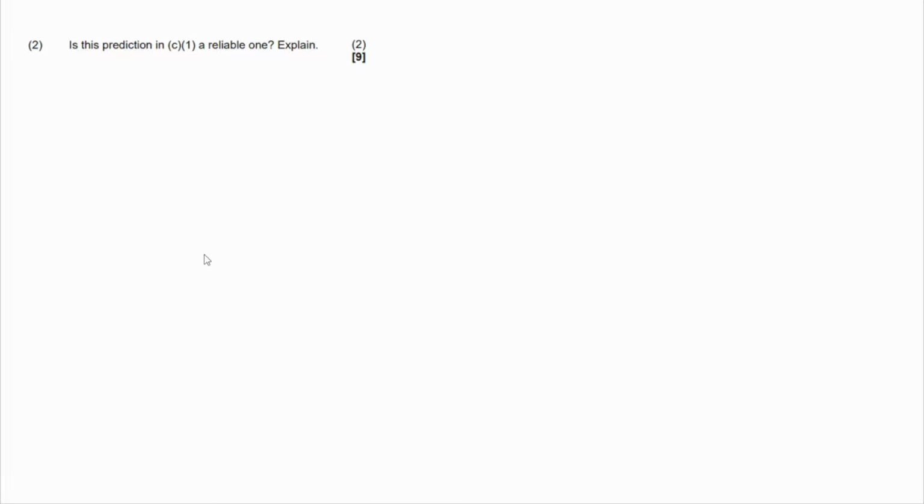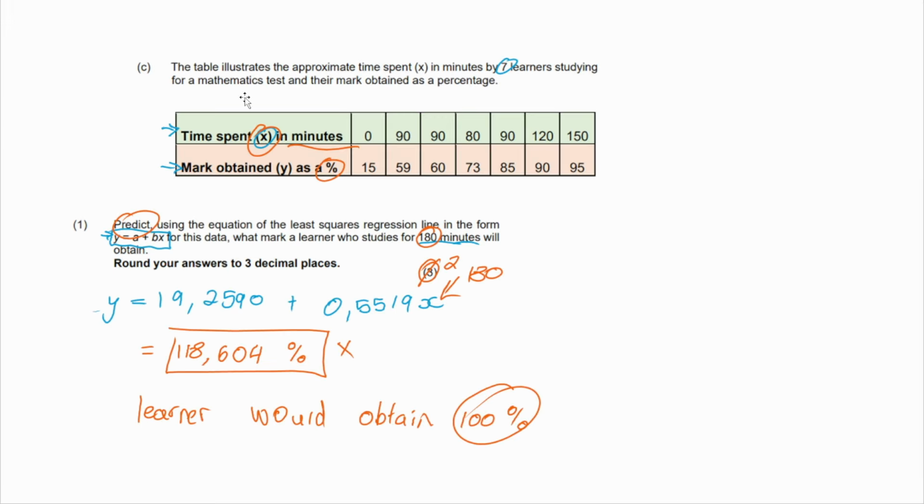Now for question 2, they say, is your prediction a reliable one? We need to say no for 2 reasons. The first reason is, if we have a look, our time spent goes from 0 to 150, so this 180 over here is extrapolation.